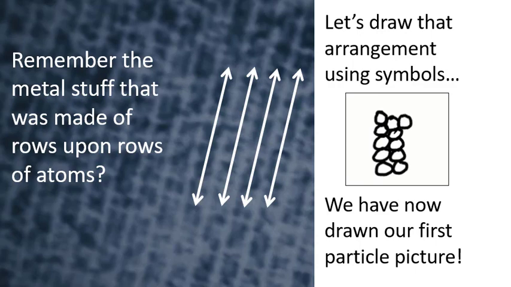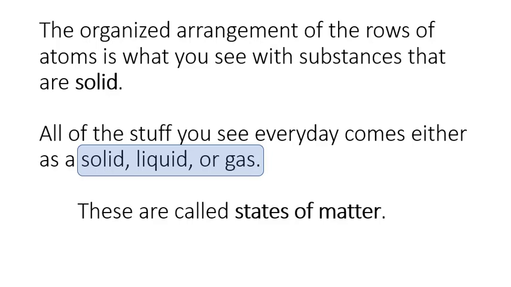So I'm drawing 3 rows, right? I'm not drawing the whole thing, but 3 of the rows, I'm drawing them as stacks of atoms. The organized arrangement of the rows, that's what you see with substances that are solid.